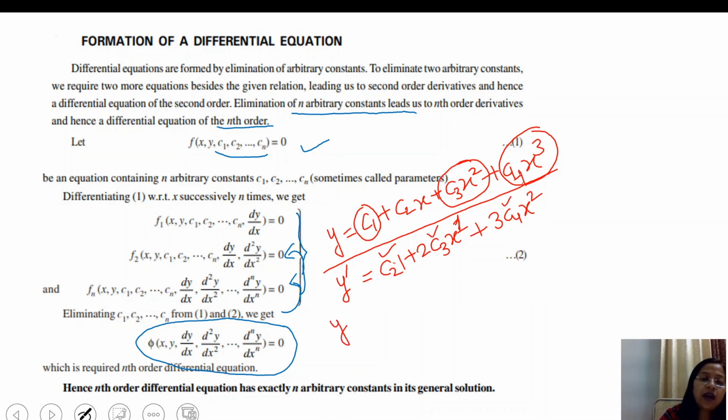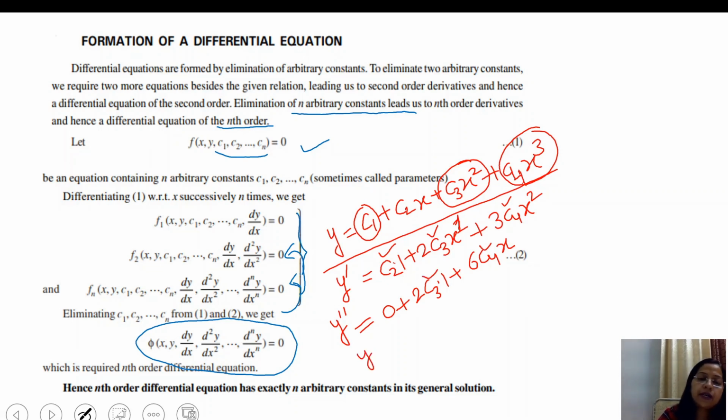Once again I'll differentiate it. I get c2 as 0, plus 2c3 into 1, plus 3 twos are 6c4 into x. Now we are left with 2.